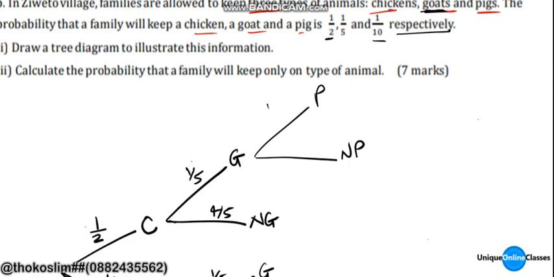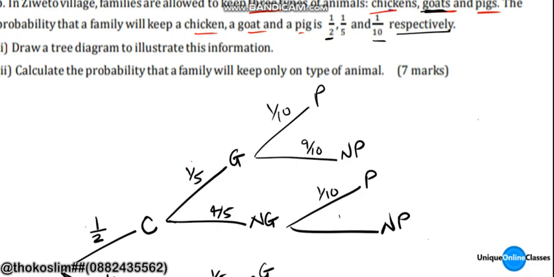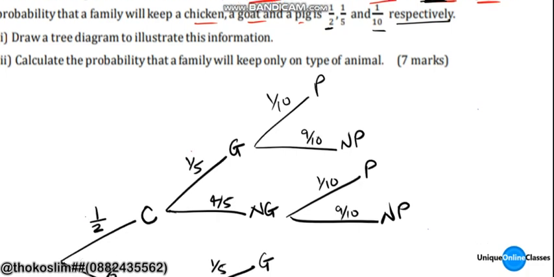For pigs that's 1/10, so no pigs is 9/10. If you add 1/10 and 9/10, the answer is 1.